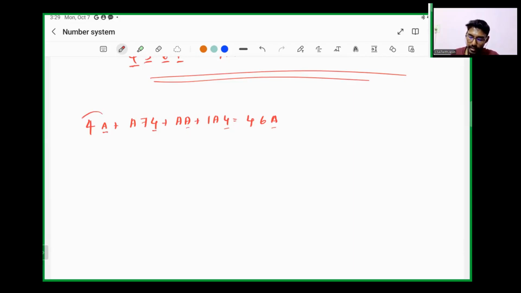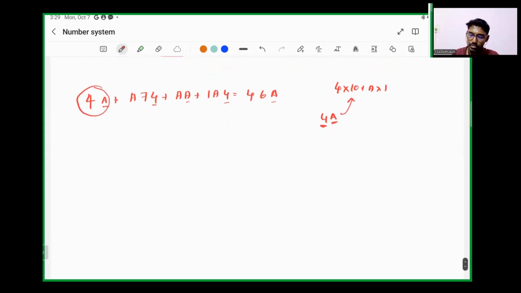Like 4a, you can write it as 4 into 10 plus a into 1, because 4a is a two-digit number. This is in 10th place, this is in unit place. So try to do like that. It will take a little more time. Actually, the method that we did before was easier, but I just wanted to tell you that you can use this method also here.